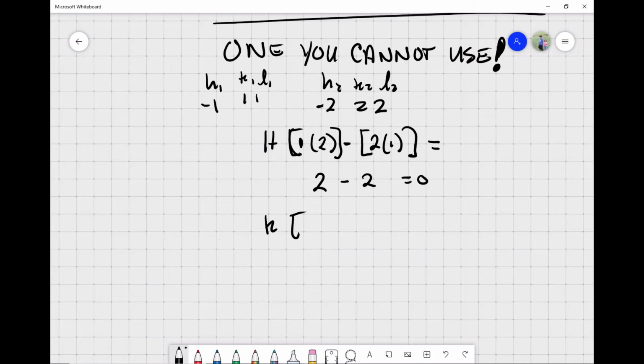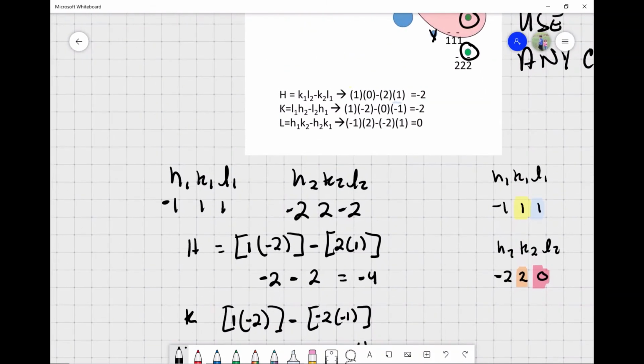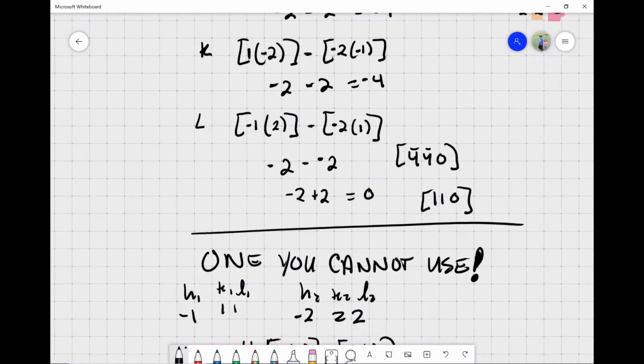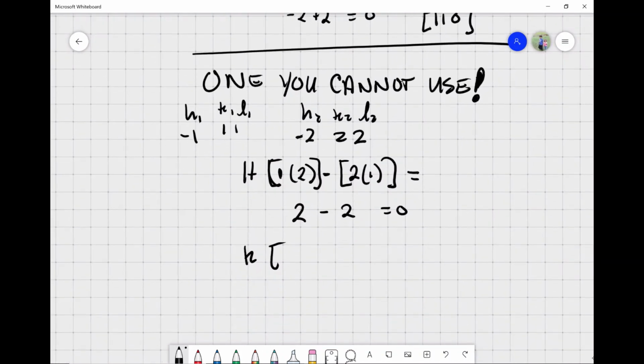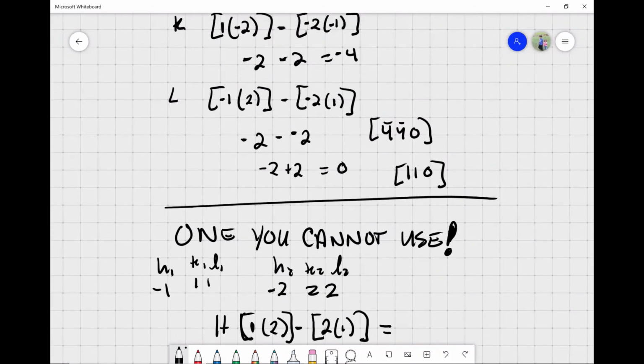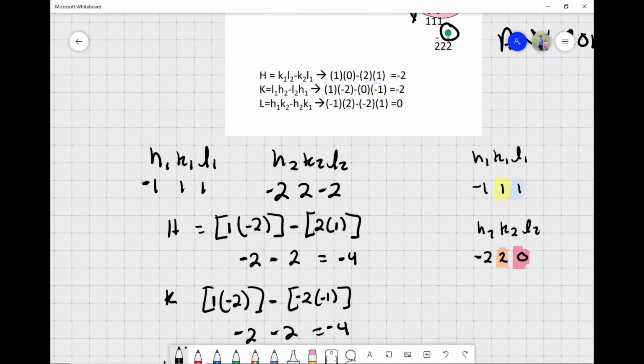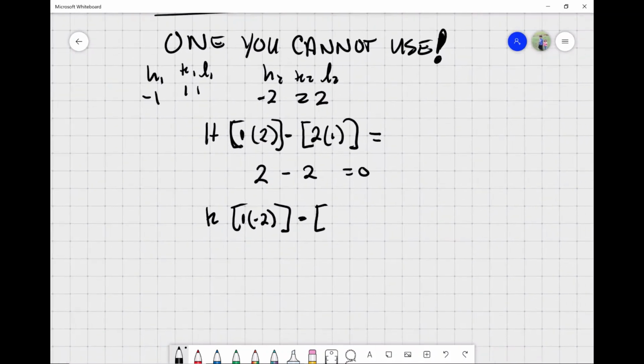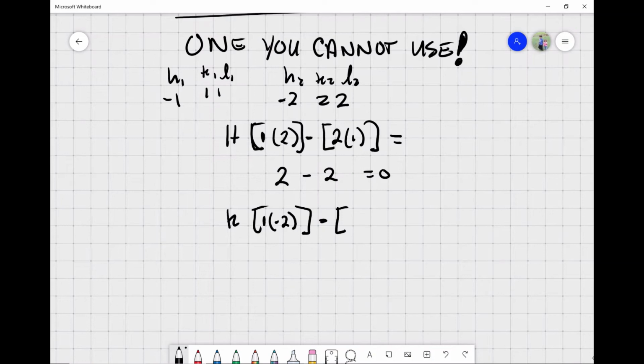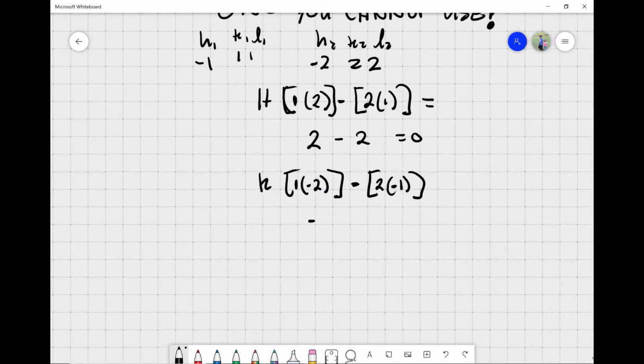K is L1, H2 minus L2, H1. So this is negative 2, and this is plus 2, and that equals 0.